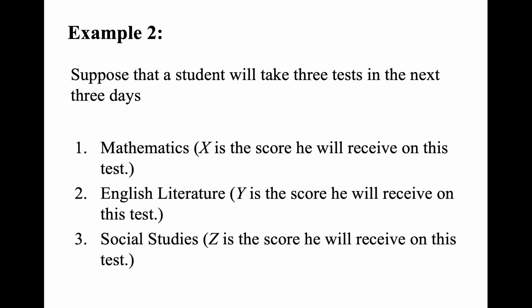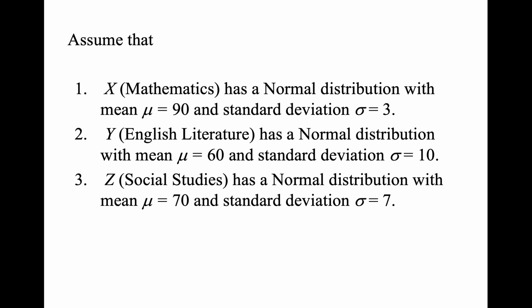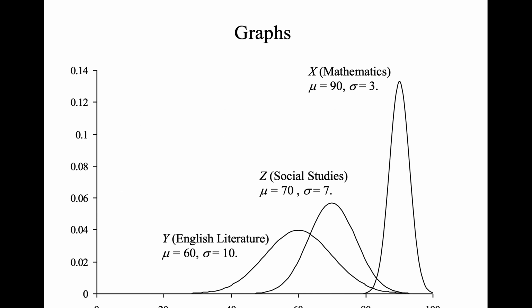The next example: suppose that a student will take 3 tests in the next 3 days. Mathematics, which is X, is the score he will receive on his test, English literature is defined by Y, and social studies is defined by Z. Assume that X has a normal distribution with mean mu and standard deviation 3, Y has a normal distribution with mean 60 and standard deviation of 10, and Z has a normal distribution with mean 70 and standard deviation of 7.